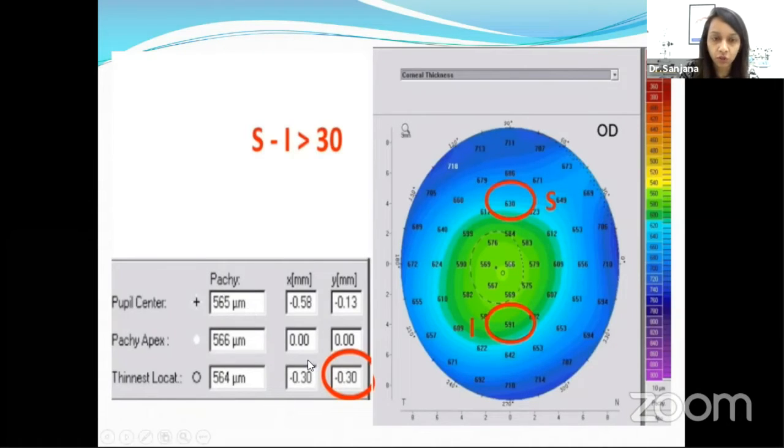Another thing important to look at in the pachymetric map is the y coordinate of the thinnest pachy. Here we see that the y coordinate is minus 0.3. So any value less than 0.5 is considered normal, but if it's more than 0.5, it's again suspicious, especially in cases of keratoconus, where we do see values more than 0.5.